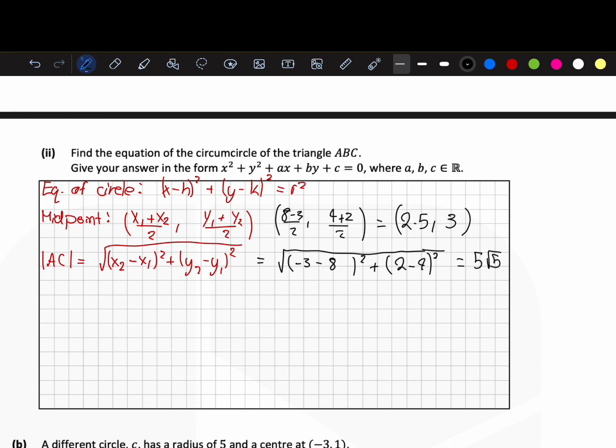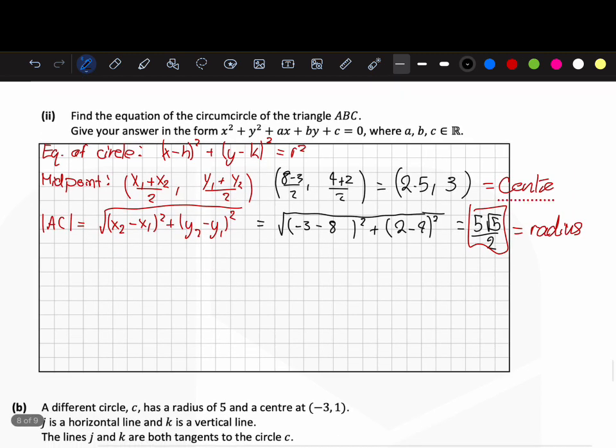And then to find the radius, we need to divide this by 2. So this is going to be my radius. So now I have my center, and I have my radius, so I just fill out the formula.